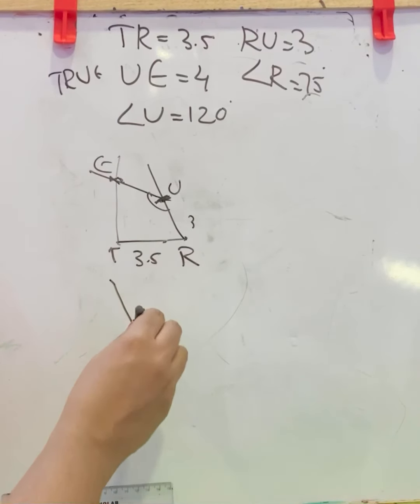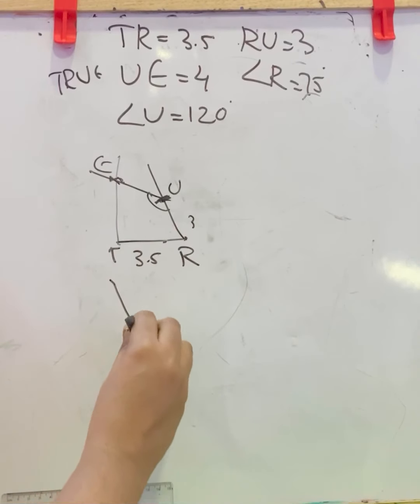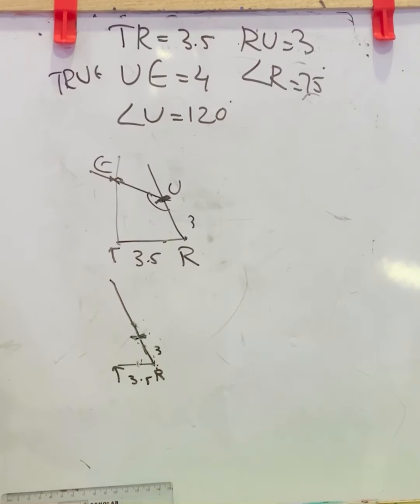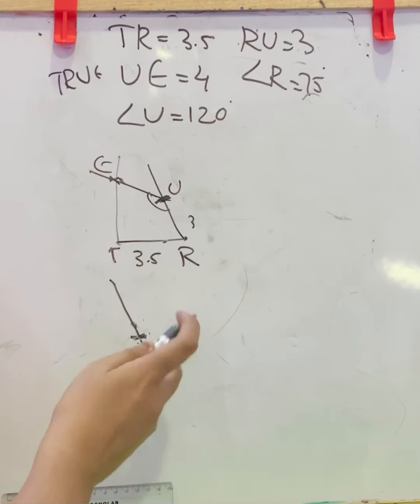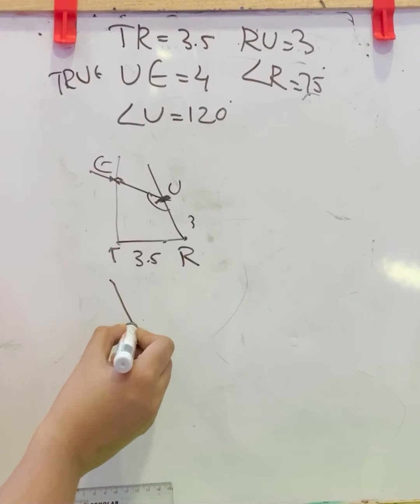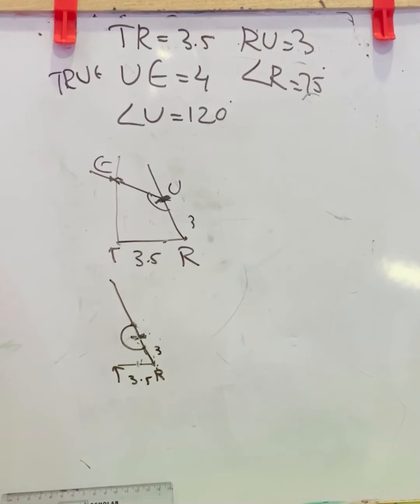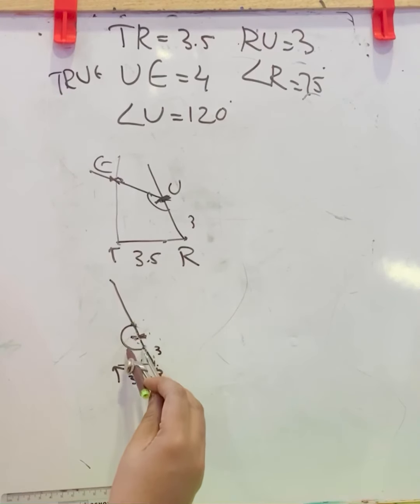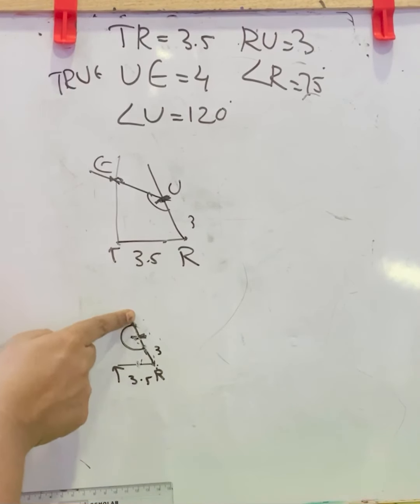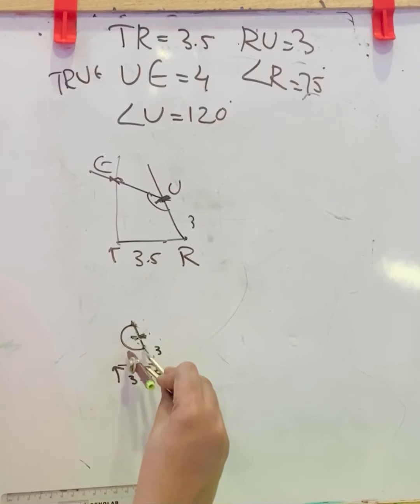Now on 3, keep compass. Take any radius and draw an arc from it. Like this. Next, keep the compass here, this inner point. This is not inside the quadrilateral, so keep it here.